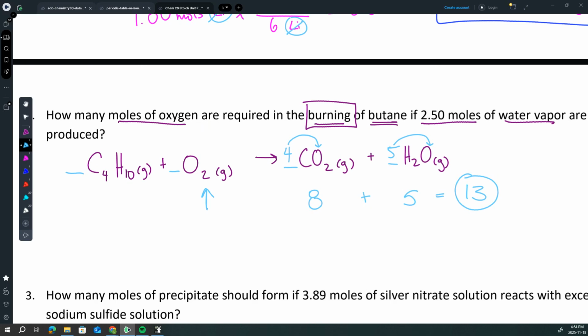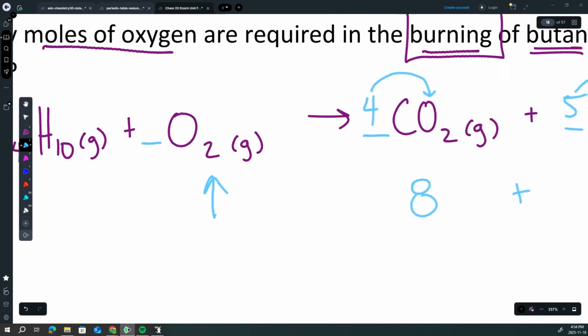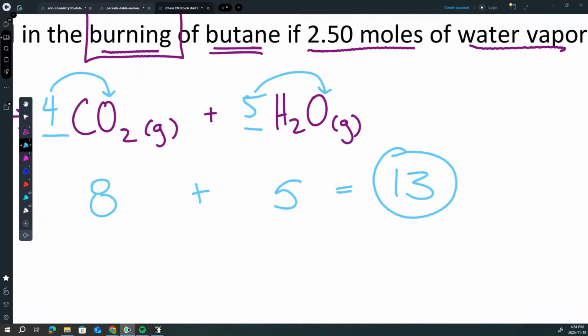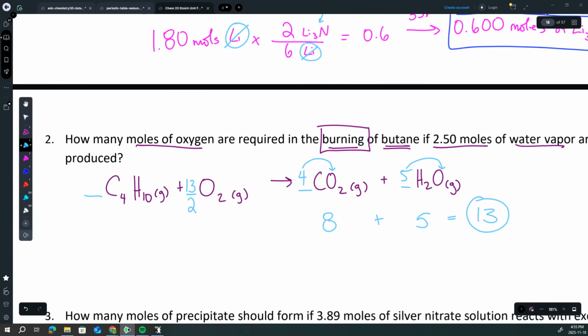We can't change the subscript, but we can take the number of oxygen that we got on our product side, 13, and divide it by 2. The reason we're dividing by 2 is because of the subscript right here. Remember that combustion reactions are the only type of reaction in which you are allowed to write a fraction.